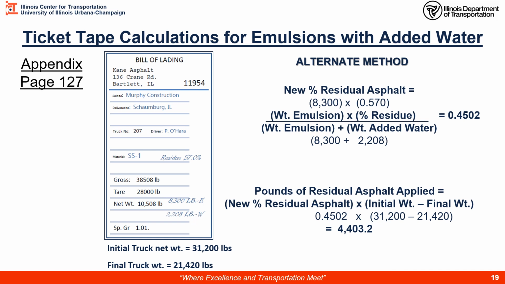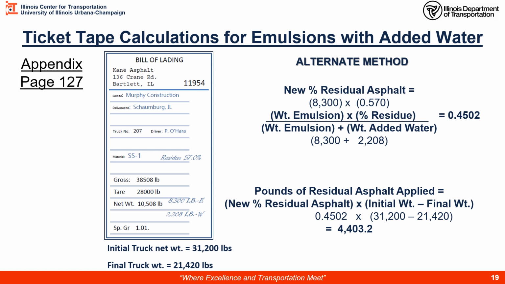So now we have our truck information from what's been applied to the project. Again, this was offloaded onto a distributor. It weighed 31,200 to start with. We applied the prime to the road. We finished with 21,420 pounds. So this difference is what's been applied to the road, and what we need to pay for in our calculations.